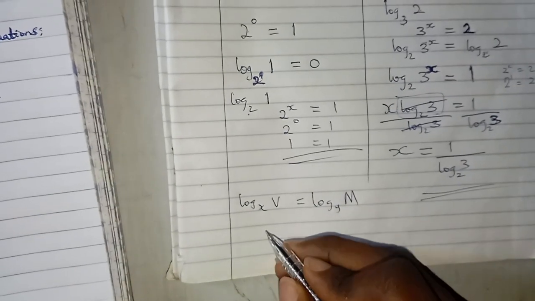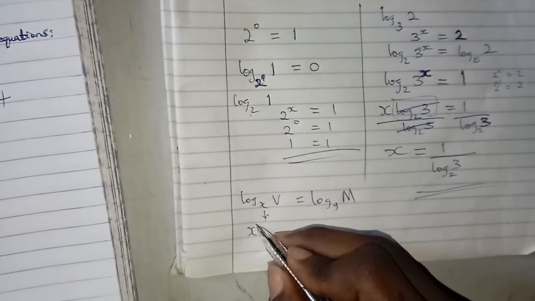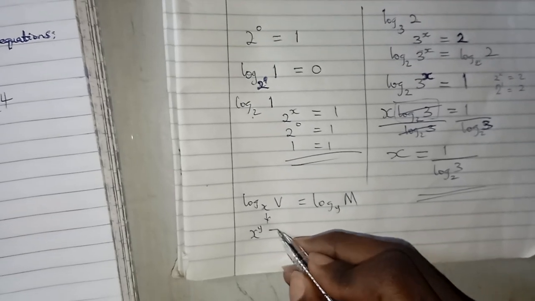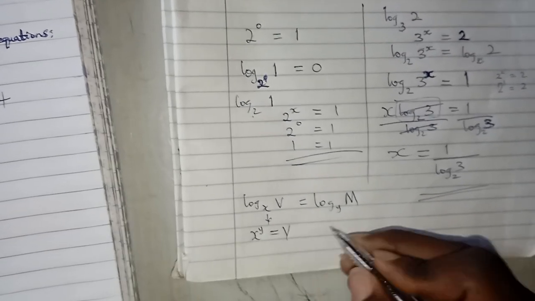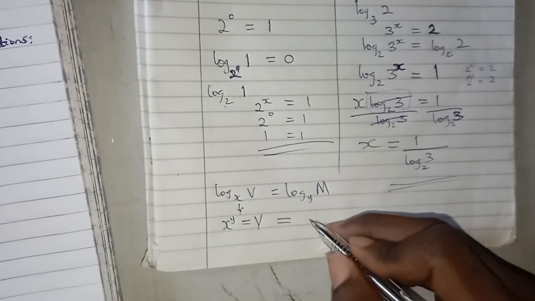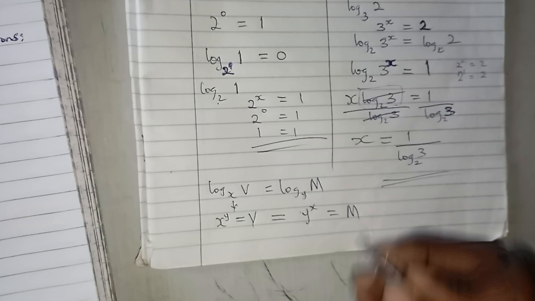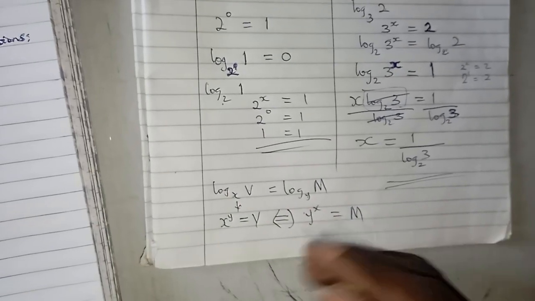Solve for this separately, which becomes what do I add to base x in order to get v equals what do I add to base y in order to get m. So I solve it separately.